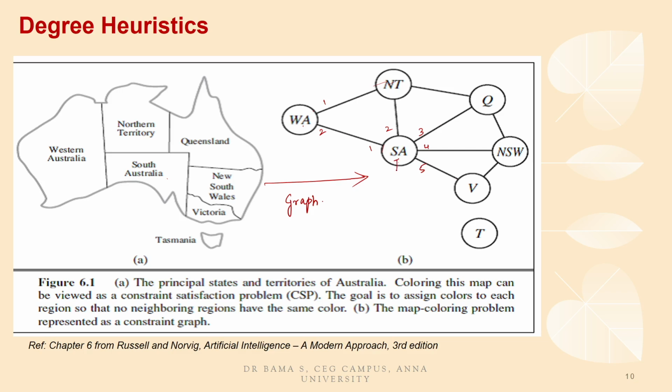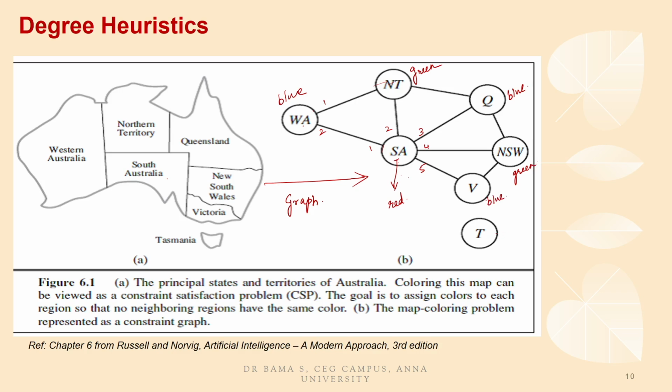So, we color this first as red and then color this as blue, since red and blue cannot be the same here. So, we can color this as green, and this can be colored as blue, and this can be colored as green, and this can be blue.